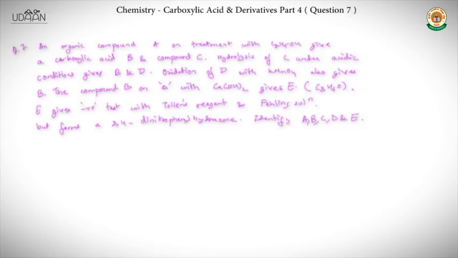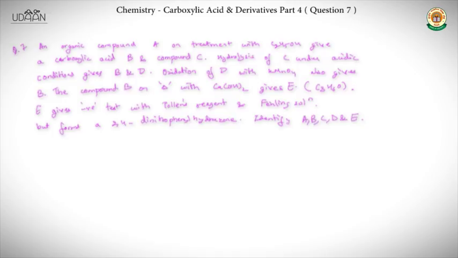E does not give Tollens test and does not reduce Fehling solution but forms a 2,4-dinitrophenylhydrazone. Again, we need to find A, B, C, D, E.